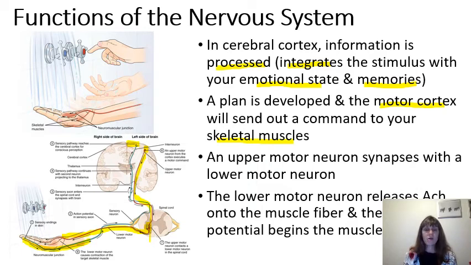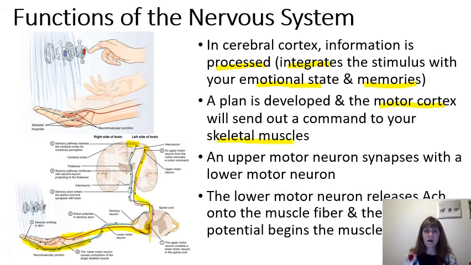In sensory information that comes in, there are often at least 3 neurons that have to take information up to the brain, whereas in motor information, there are only 2 neurons involved.